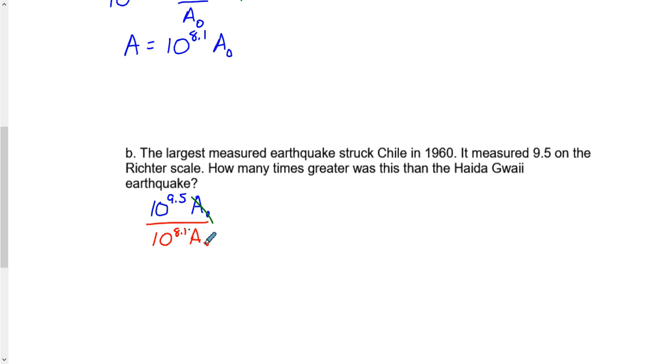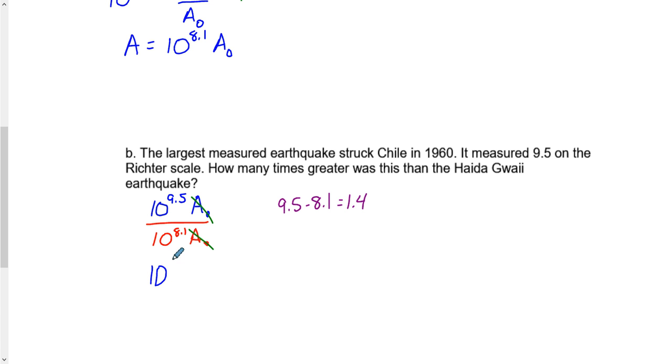Long story short, AOs cancel off, and if we have 10 to the power of 9.5 and 10 to the power of 8.1, if you have the same base and you're dividing, you should subtract those exponents. So 9.5 subtracting 8.1 is 1.4.